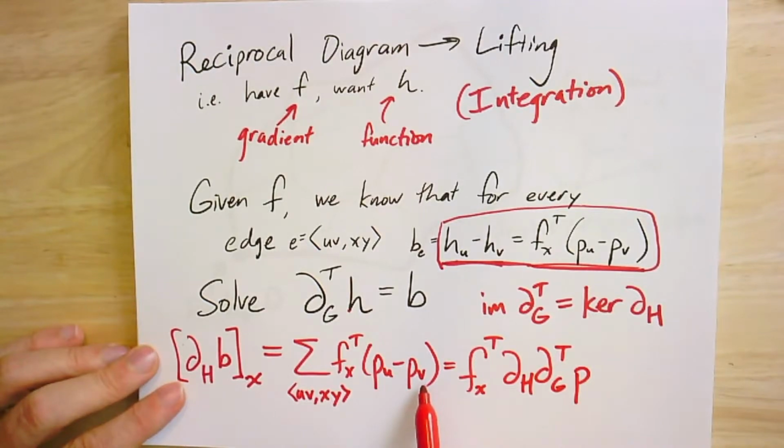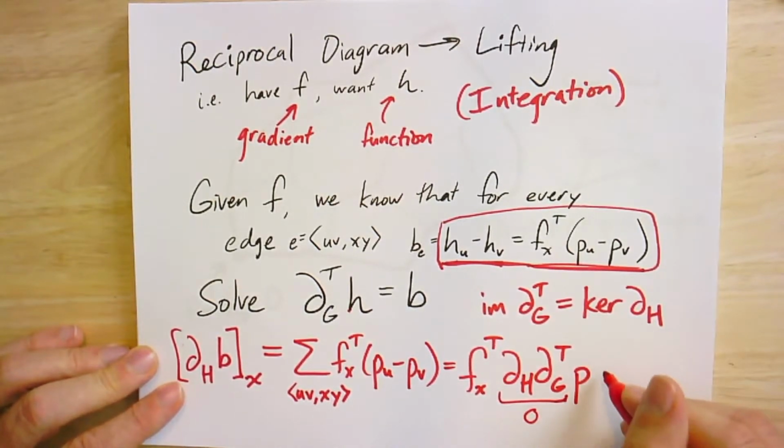I'm taking sums, summing over all the edges of the differences, right? And so that's just dh, and this is dg, this is co-boundary of g times p, gives me all these differences. Okay, so if you just multiply them all out, that's what you get here. And this, again, is 0.